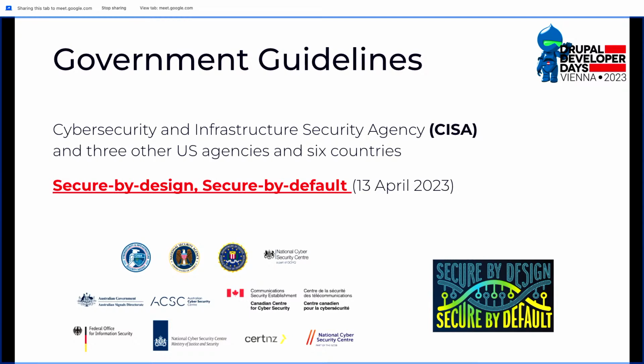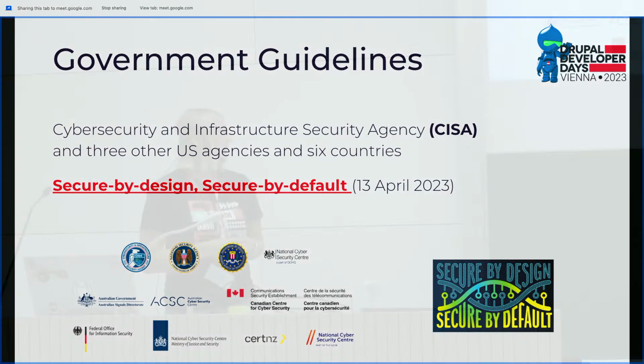So secure by default for products is just making sure there are no default passwords. Secure by design is for software, and it goes through a lot of different aspects that we'll have a look at. This paper was created by lots of American, USA governments, Australia, New Zealand, Canada, and Germany and the Netherlands have been involved as well. So it's a good timing for that.